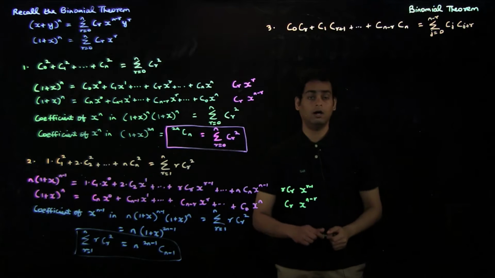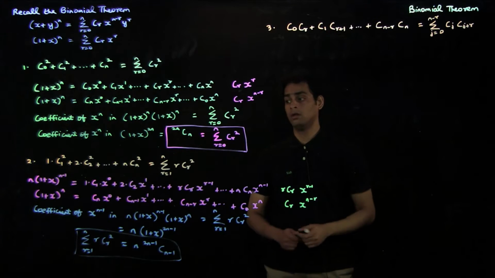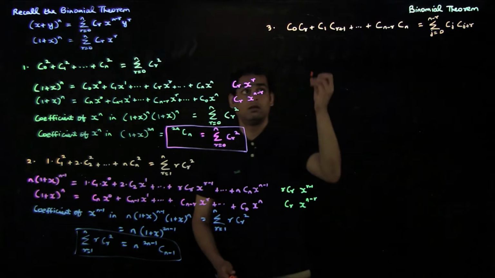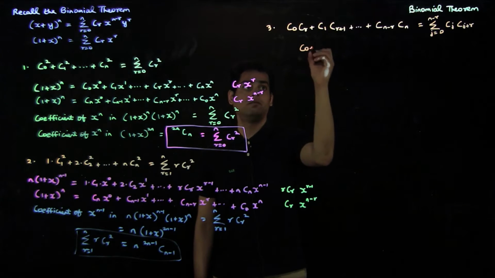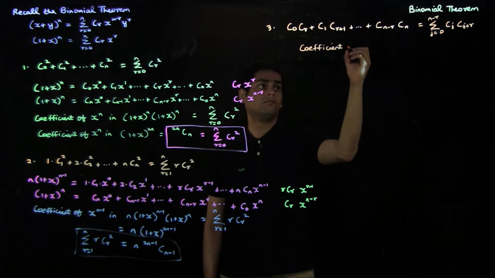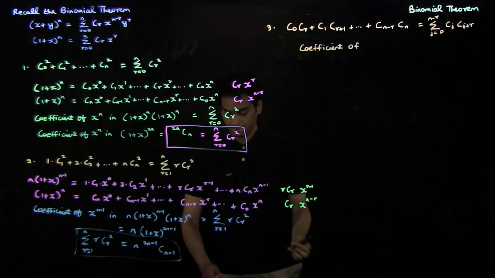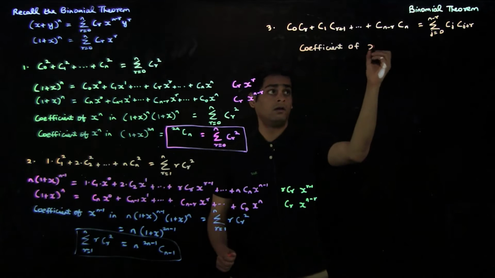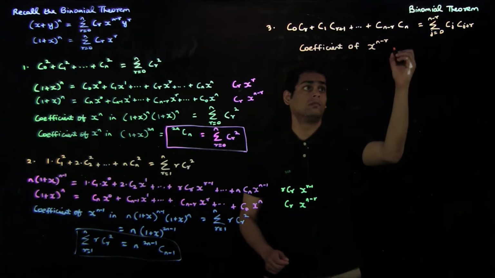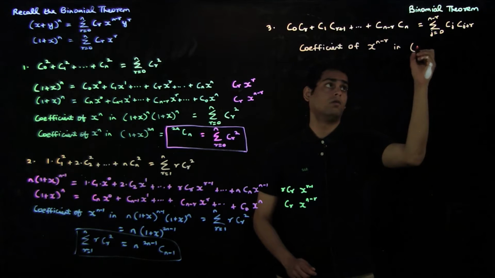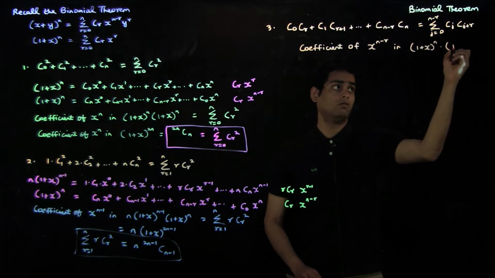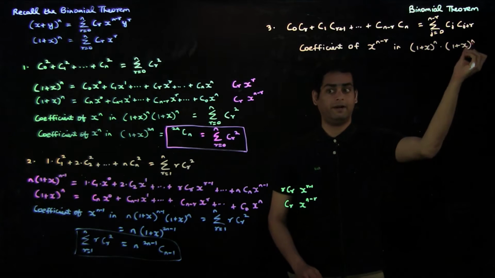So a hint for solving this problem, which I'm not going to do right now, is look at the coefficient of x power n minus r in (1 plus x) power n times (1 plus x) whole power n.